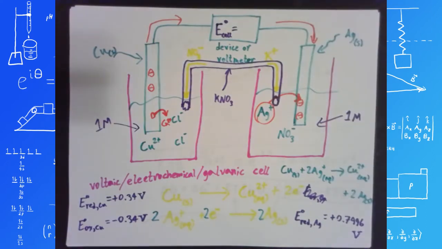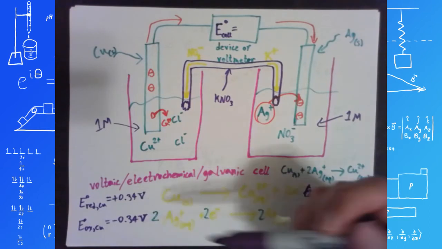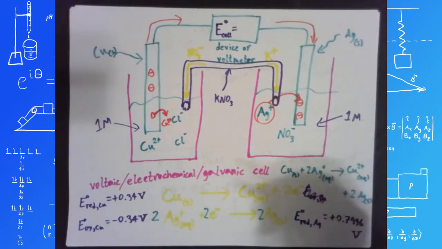Anyway, standard cell potential is going to be the reduction potential of whatever gets reduced plus the oxidation potential of whatever gets oxidized. Or, typically what they tell you is you take the reduction potential of what gets reduced minus the reduction potential of what gets oxidized, which is effectively the same thing.